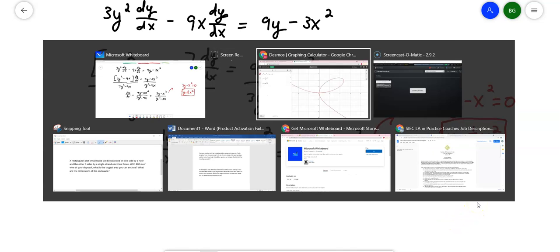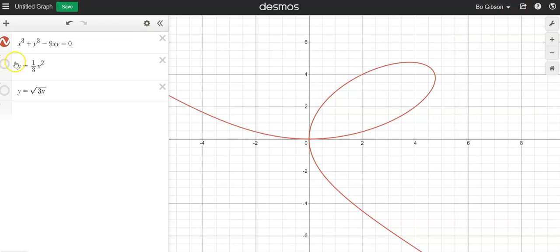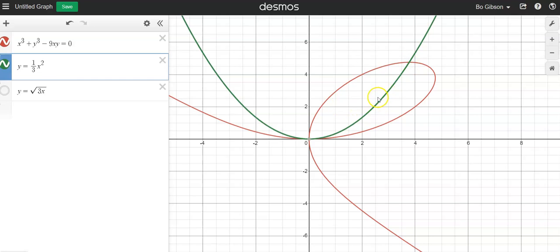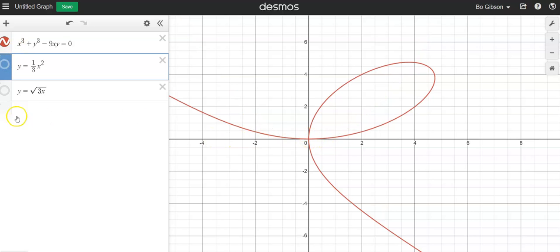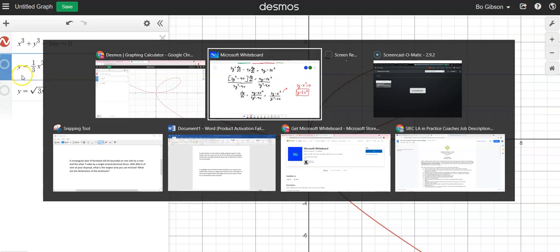And let's go over to Desmos, and let's plot 1/3 x squared. And you can see right at that intersection is where a horizontal tangent occurs. And actually, there's two intersections, right? Because there's a horizontal tangent right at the origin, and there's a horizontal tangent kind of up here. And so that can help us find horizontal tangents.